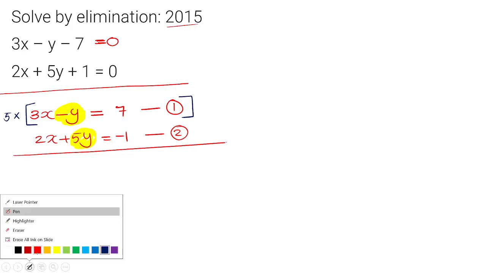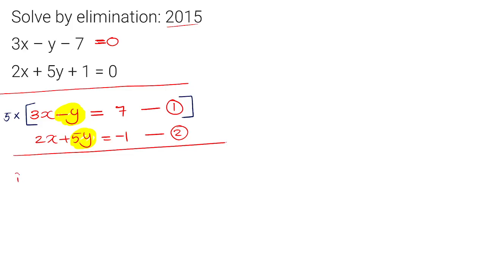You may show the step like this. Equation 1 is multiplied with 5. 5 into 3x will be 15x. 5 into y will be 5y. 5 into 7 will be 35.